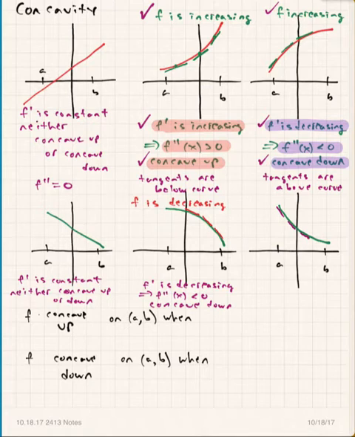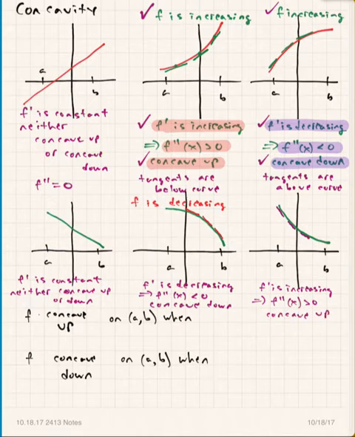Those numbers are getting bigger. And so we have here that f prime is increasing, right? The tangent slopes are getting bigger. So f prime is increasing, and so its derivative must be positive. The second derivative has got to be positive. And so we get a function that is concave up.